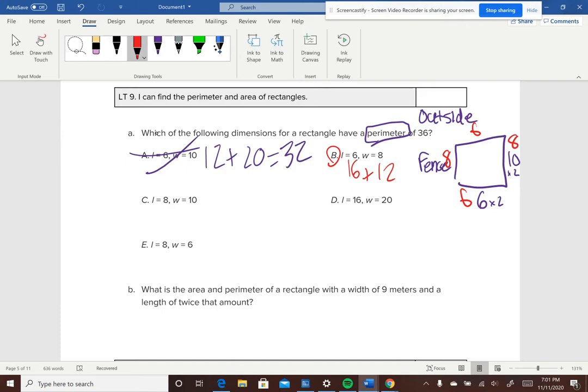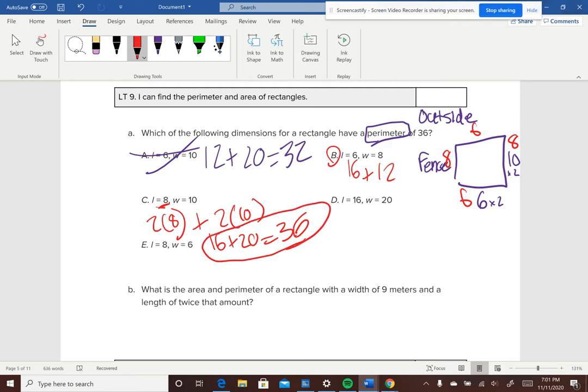Ooh, what about this one here? So if I do 2 times 8 plus 2 times 10, 16 plus 20, boom. We have found it. 36 as our perimeter, the distance around the rectangle.